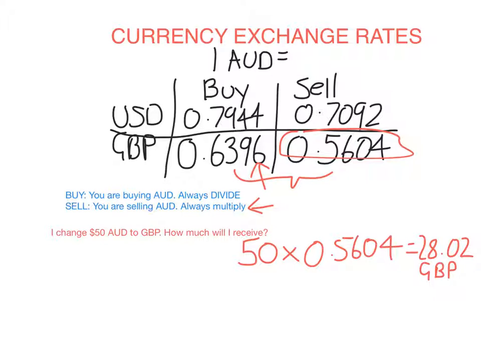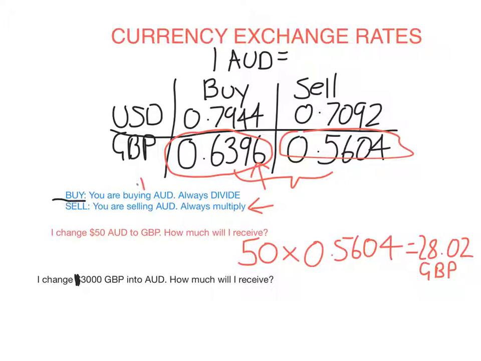Okay, so let's look at one the other way. This time I'm starting with pounds, 3,000 pounds. And I apologise, I shouldn't have put a dollar sign there. So I'm changing 3,000 pounds into Australian dollars, and how much will I receive? This time I'm getting Australian dollars. In other words, I'm buying Australian dollars, so I want to use the buy rate.